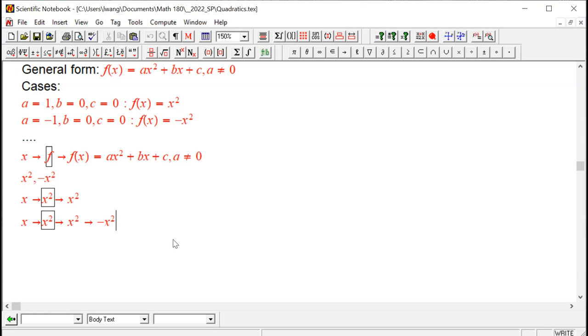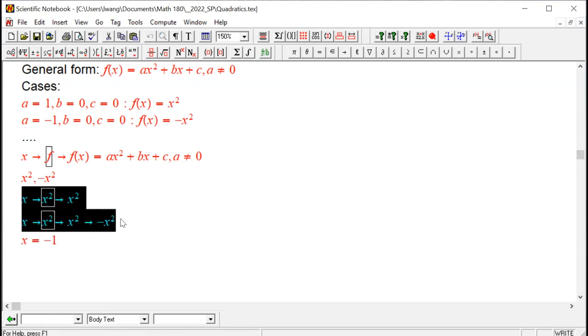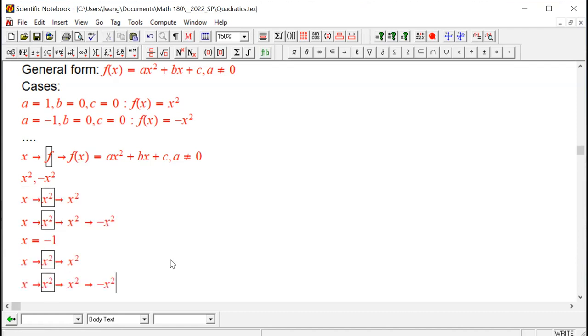So for example, if the input equals -1, for both functions the output will be different. The output will be as follows.